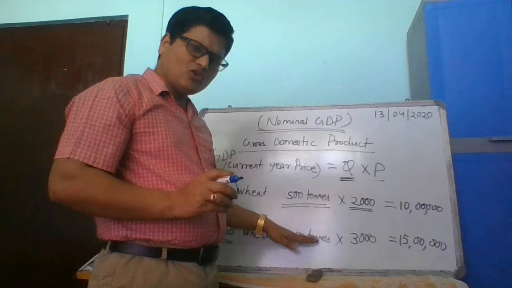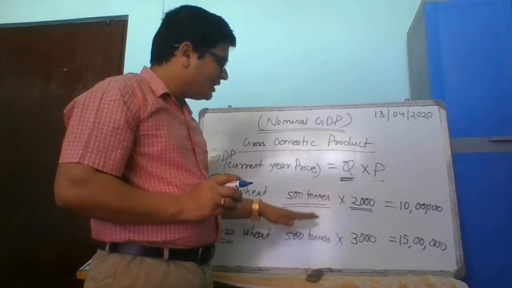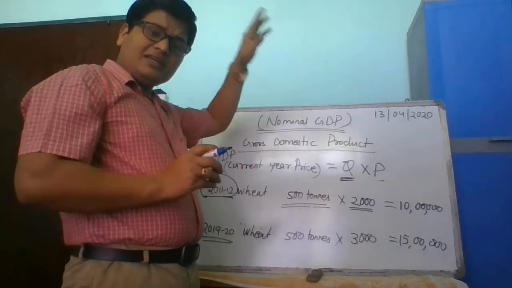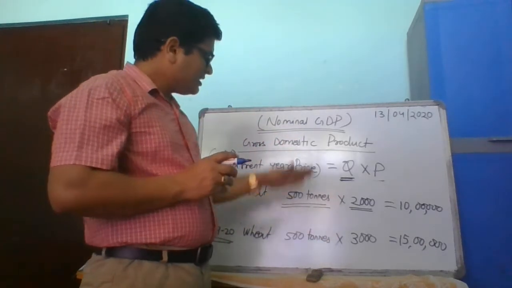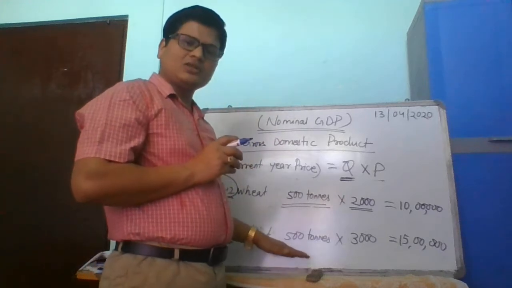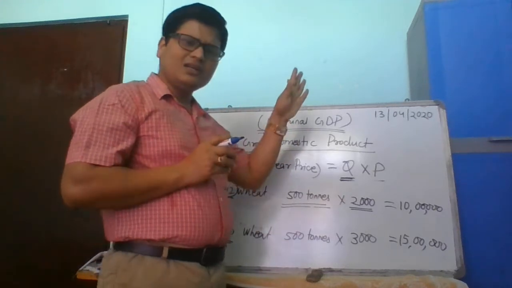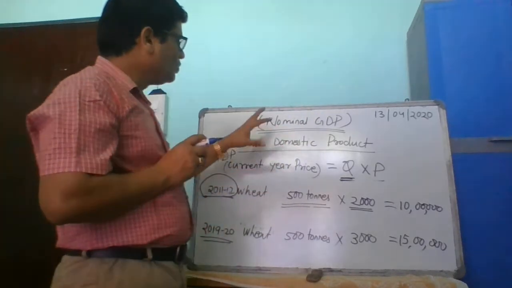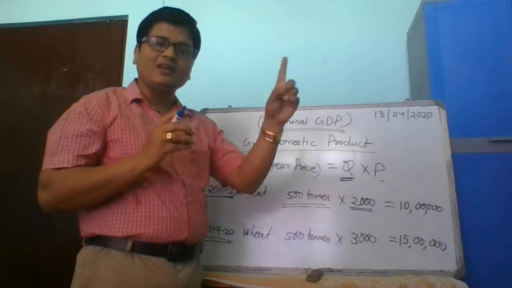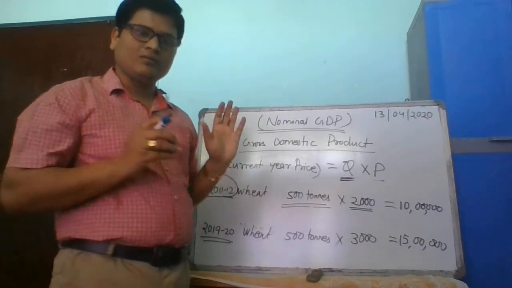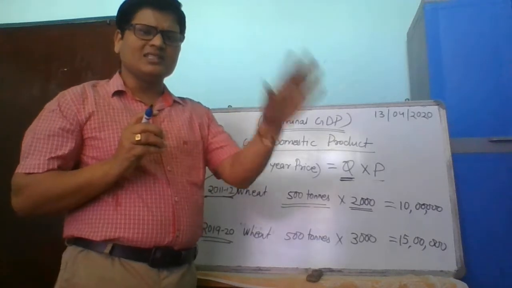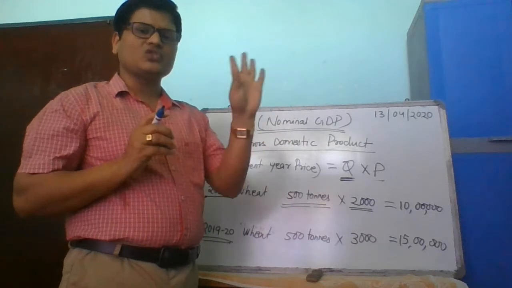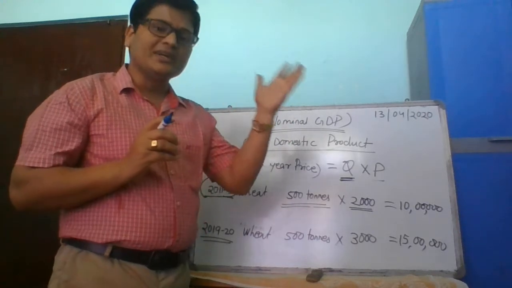There is no increase in output, but nominal GDP increases. In certain cases, even if output decreases, nominal GDP increases. So nominal GDP is not the real indicator of welfare. Increase in nominal GDP does not mean that welfare increases or output increases.